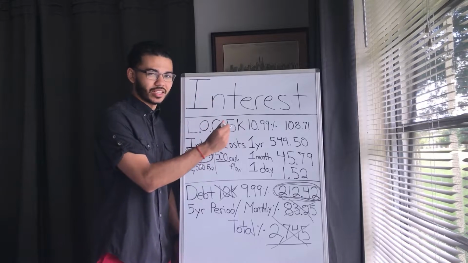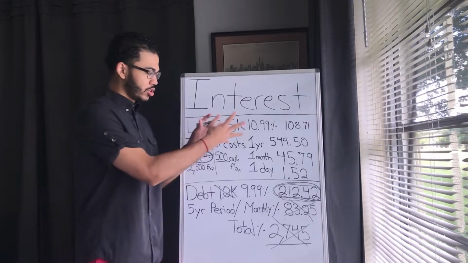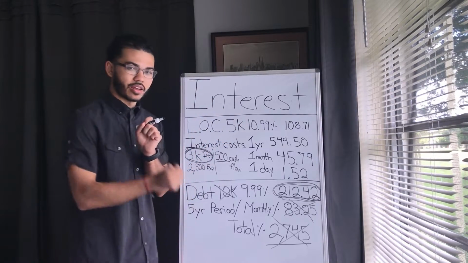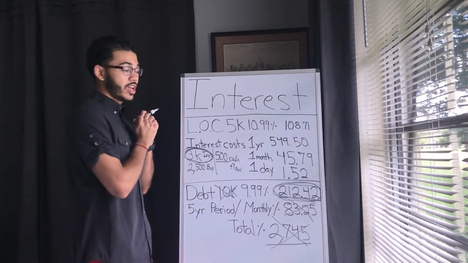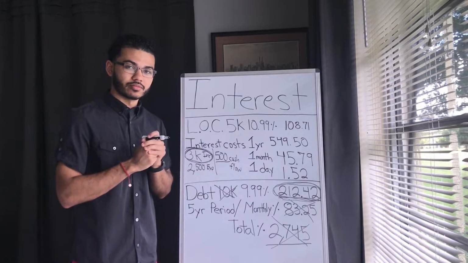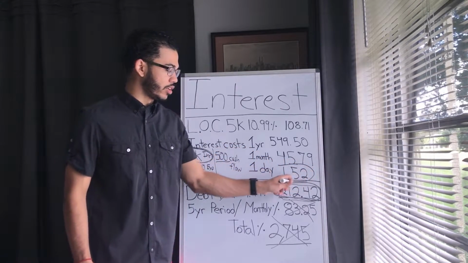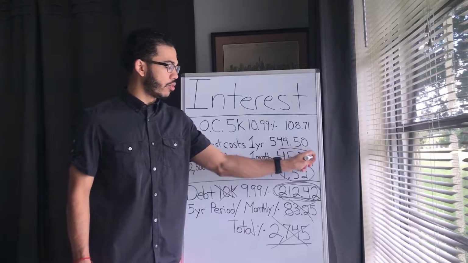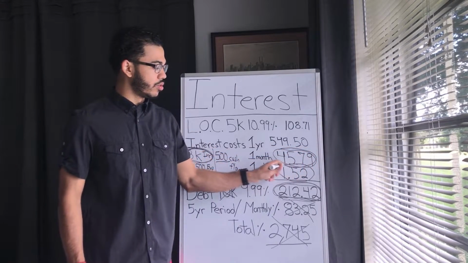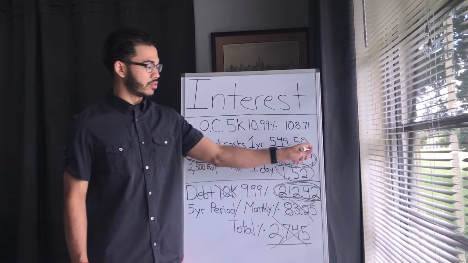Now, immediately, in the same month that we took the 5 to pay the 10, we're also going to take our income for that month and put it in the line of credit. And we would only pay interest around here or around here, as opposed to paying interest up here.